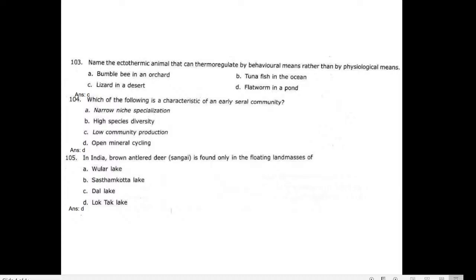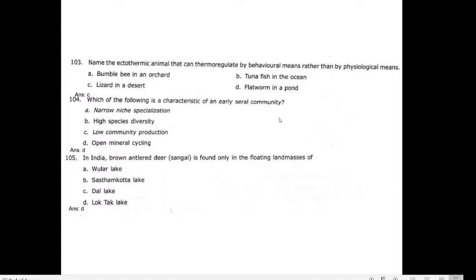So we are all in the early cereal community. And in India, the next question is here. In India, brown antlered deer. This is one kind of deer, the brown antlered deer.